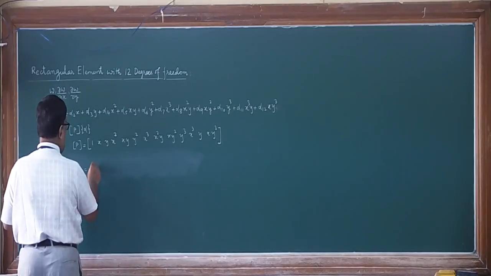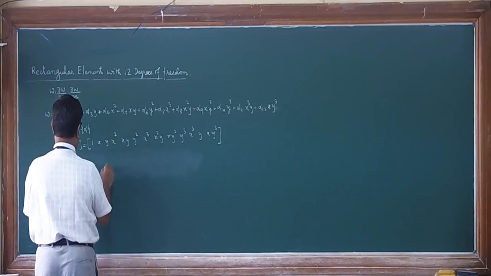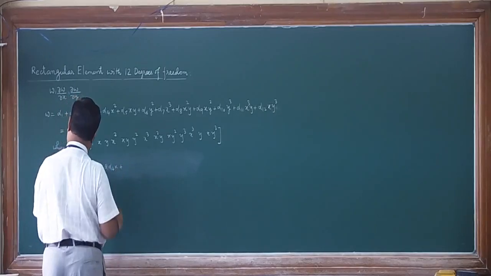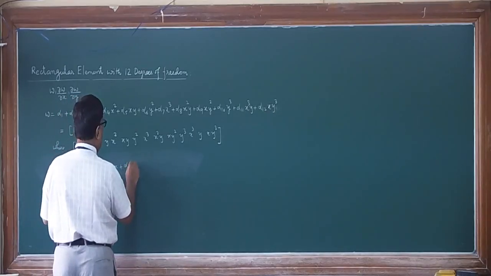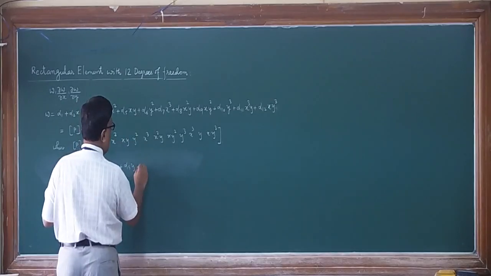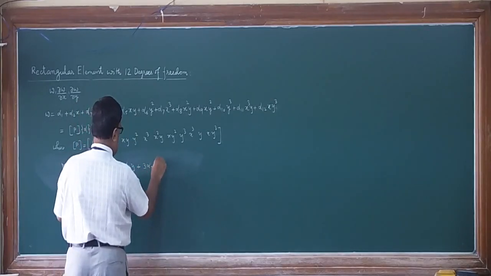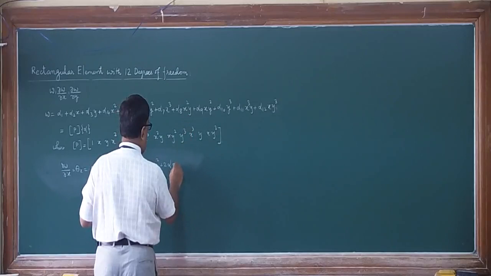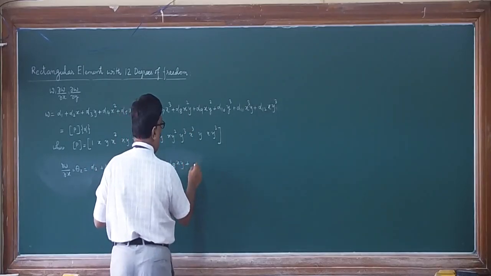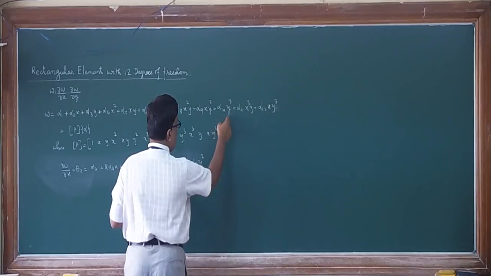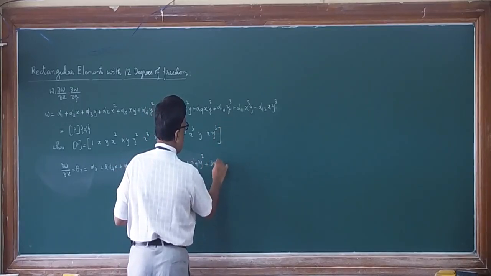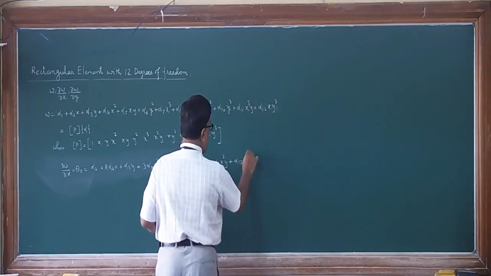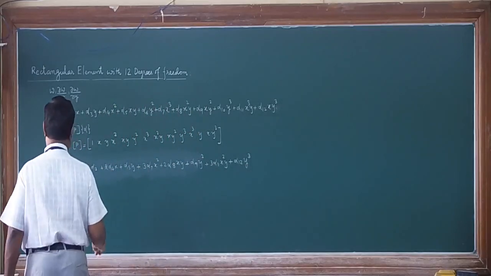Then alpha 2 plus 2 alpha 4 x plus alpha 5 y, alpha 6 is not there, 3 alpha 7 x square plus 2 alpha 8 xy plus alpha 9 y square, this will not be there, plus 3 alpha 11 x square y plus alpha 12 y cube. Okay, this is about dou w by dou x.